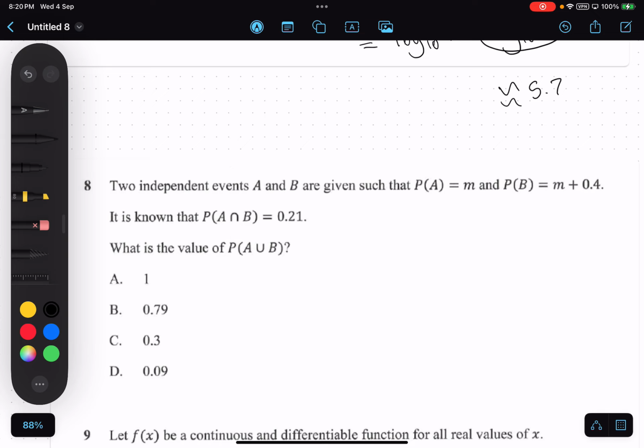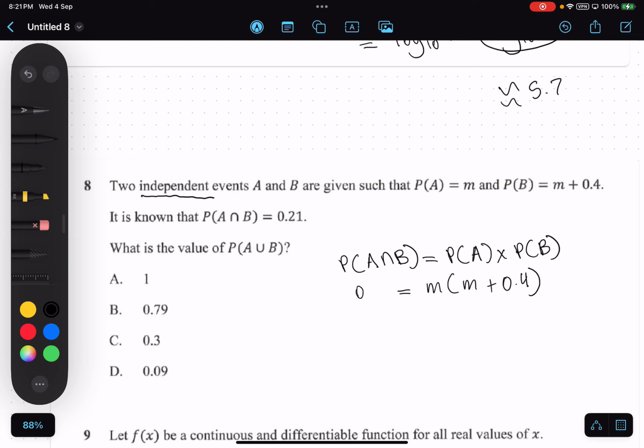Alright, it says that the events are independent. So, if you look in your formula sheet, the formula for A and B equals P of A times P of B. So P of A and B equals M times M plus 0.4.